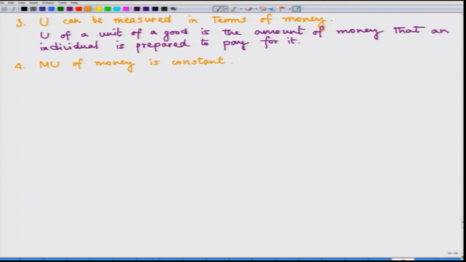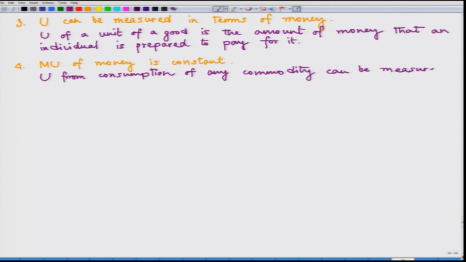So, by virtue of this assumption, utility from consumption of any commodity can be measured in terms of money.